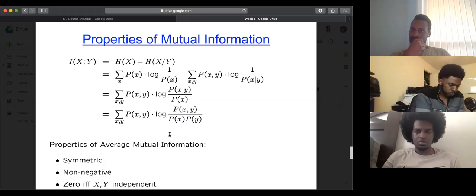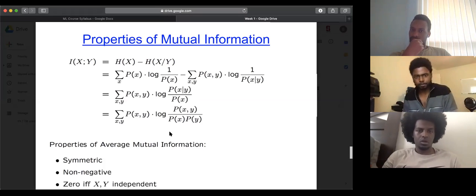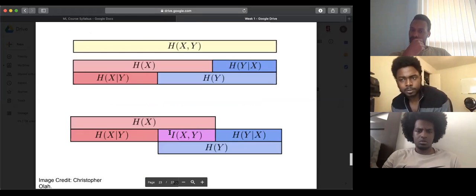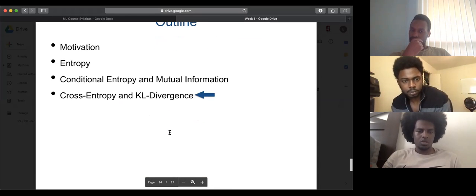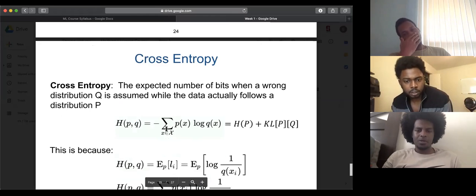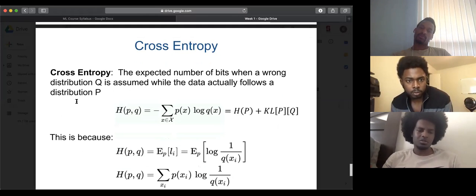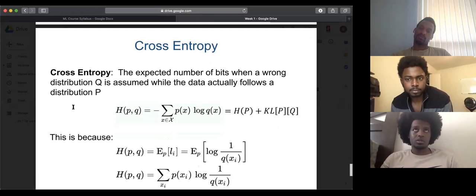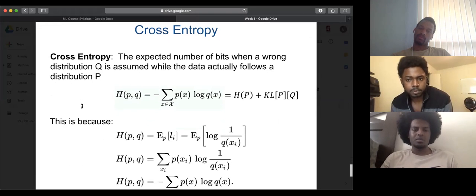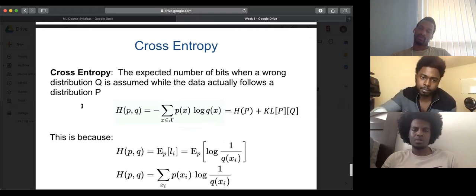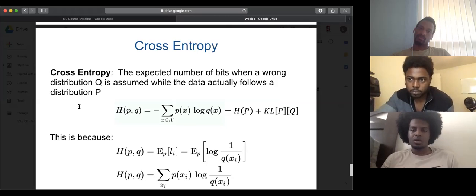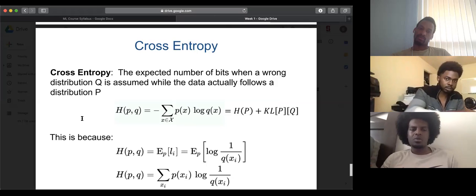Okay, let's keep going. We're going to talk about cross entropy. Cross entropy is really important, especially in cluster evaluation. The idea behind cross entropy is how many bits you are wrong by when you assume a distribution.